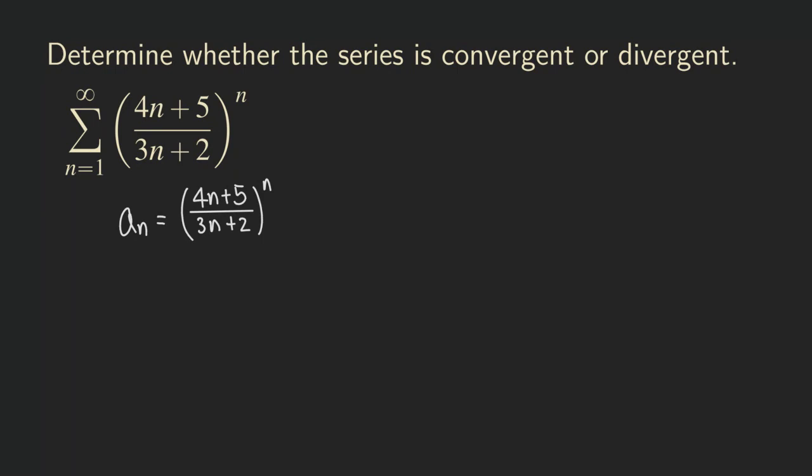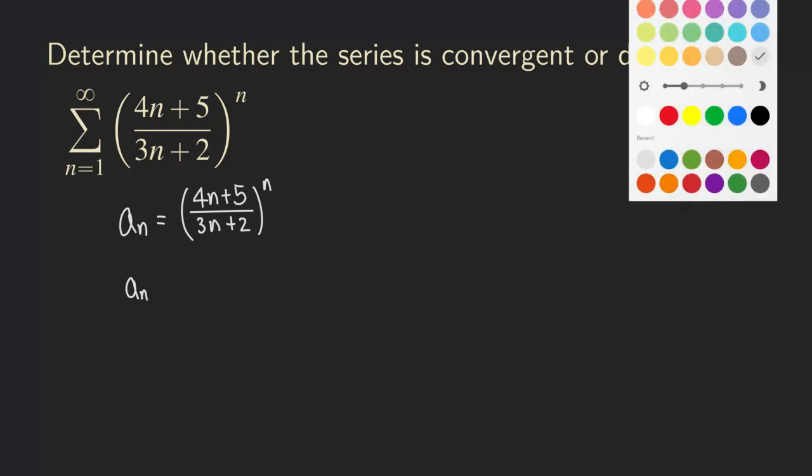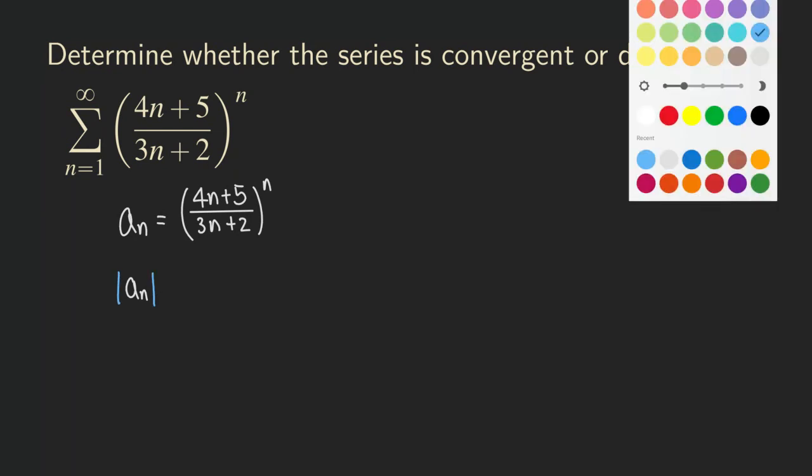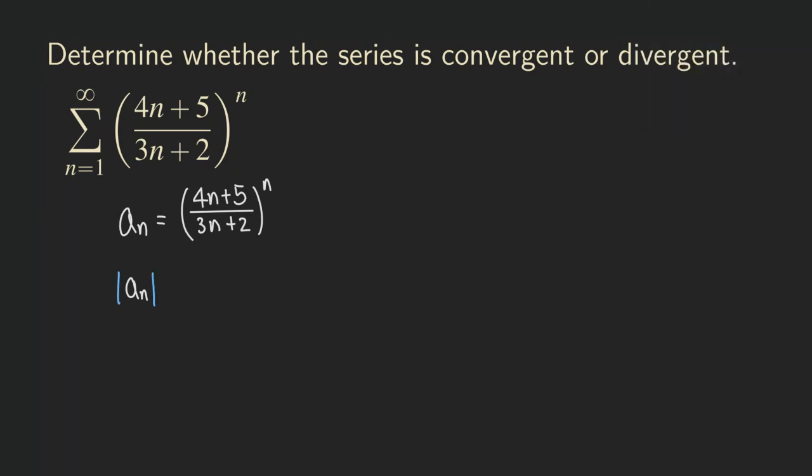Let's just consider the nth root, right? So we are taking the nth root of the absolute value of this a sub n. So if we have a sub n here, and then we are taking its absolute value, so 2 bars around it, we are also going to take the nth root of this.